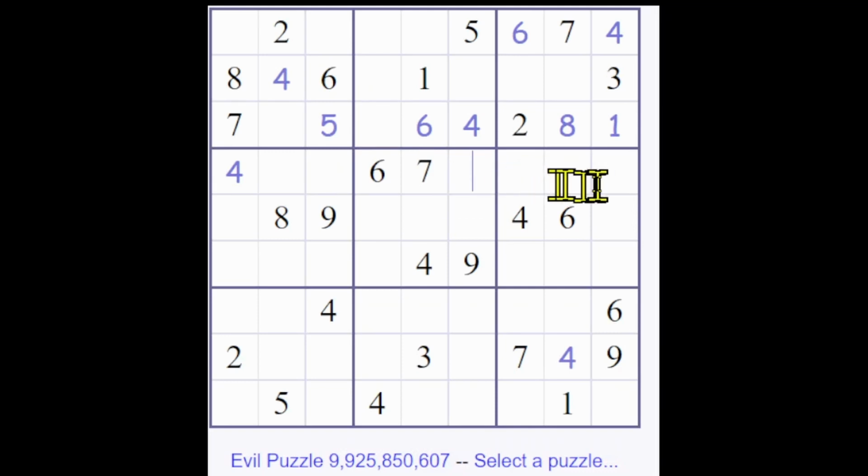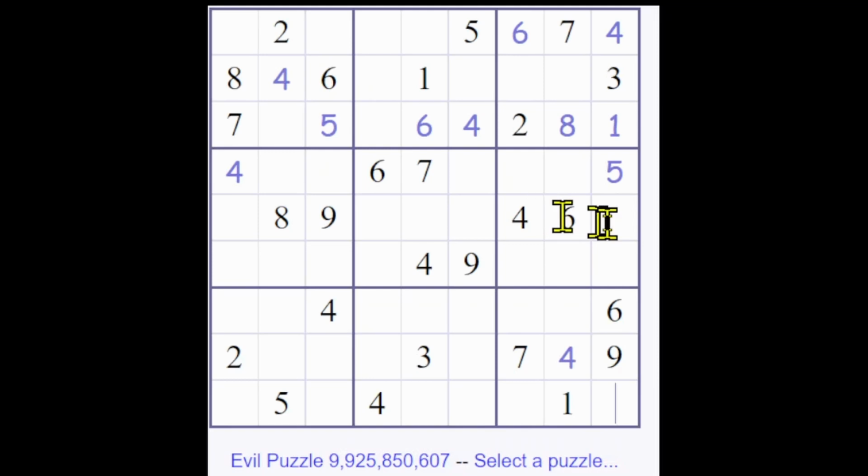And since we know that the 5 will have to go in column 9, then this is the only cell that we can use. We still need to find a 2, 7, and an 8 to complete column 9. The 7 here makes this cell down here a 2 or an 8. And the 7 will need to go in one of these two cells.